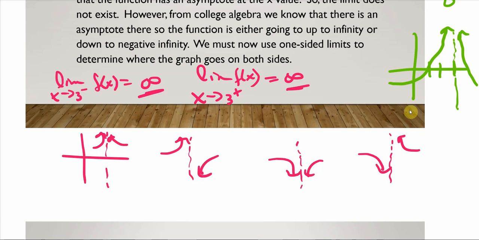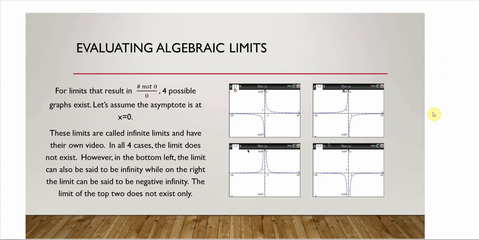So there, I did 4 pictures here at 0, and if you notice, this one goes up on the right side but goes down on the left. So for this one, the only acceptable answer is going to be does not exist. On this one, the only acceptable answer is does not exist.